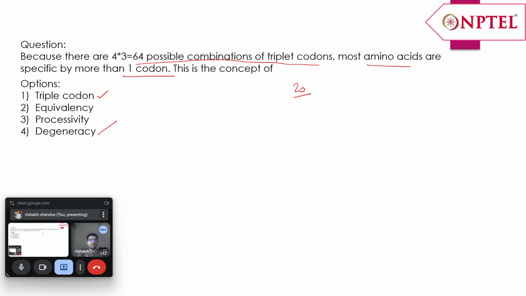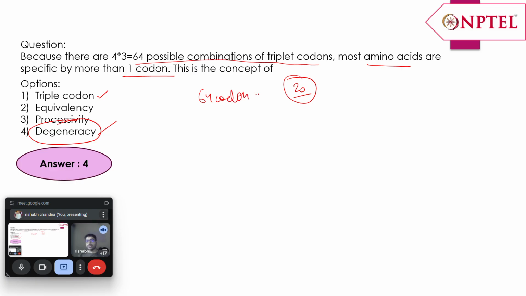Okay. So the correct answer is option number 4, that is degeneracy. Just now I explained, because there are more codons as compared to the amino acids. So there are 64 codons and 20 amino acids. So there would be cases where an amino acid is coded for by more than one codon. So this property is called degeneracy. Okay, is it fine?